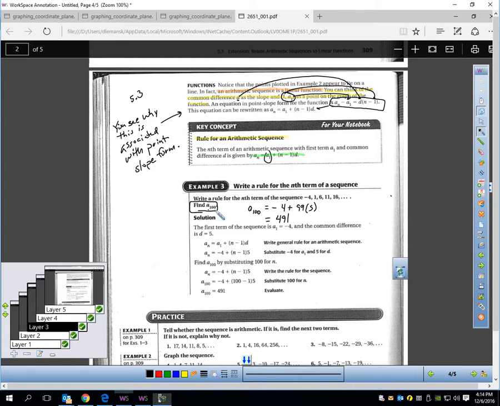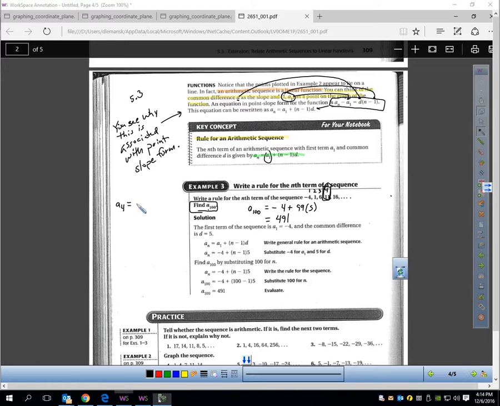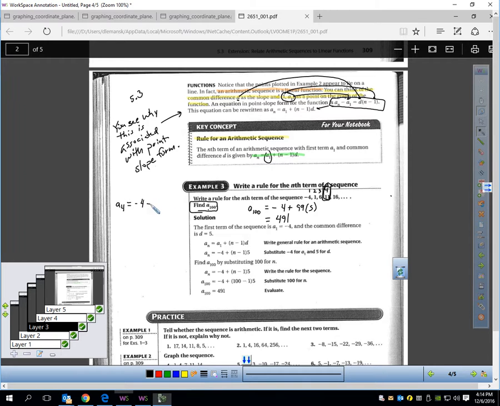Let's just make sure that this little formula actually works. Can you see that the 4th term of our sequence should equal 11? Well, let's see if this formula would actually give me the right answer. So I want the 4th term. The first term is negative 4, plus I have 3 more terms to go. 4 minus 1 is 3, and my common difference is 5.